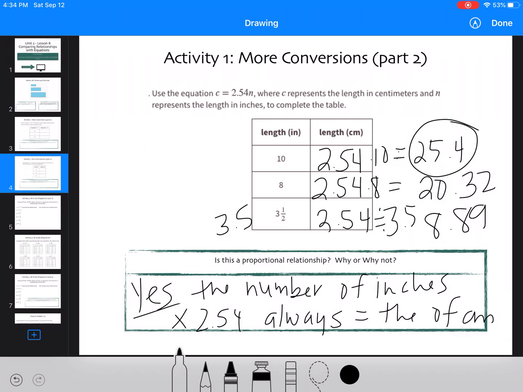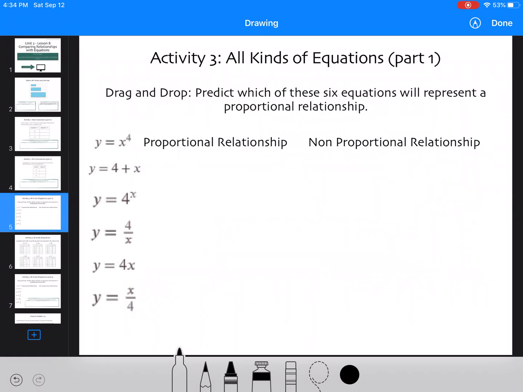So it's really important to recognize that no matter what I do, it's always going to be the same. My constant of proportionality is going to stay the same. There's nothing extra.